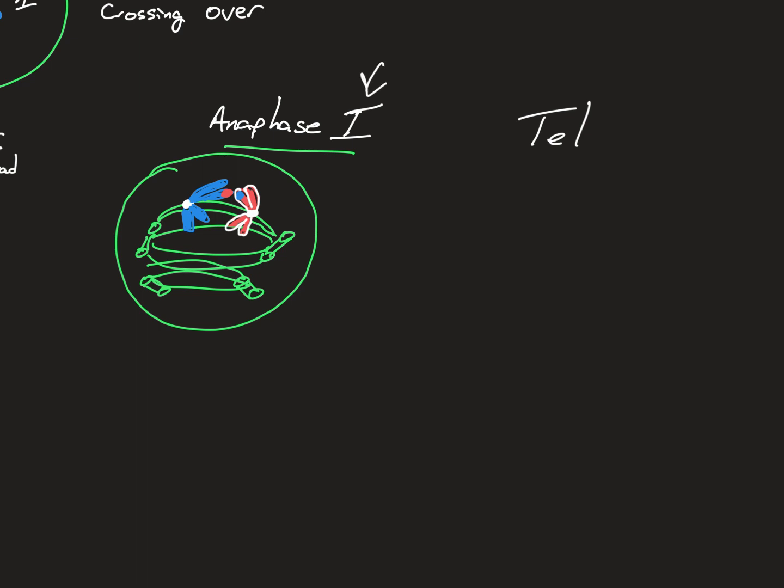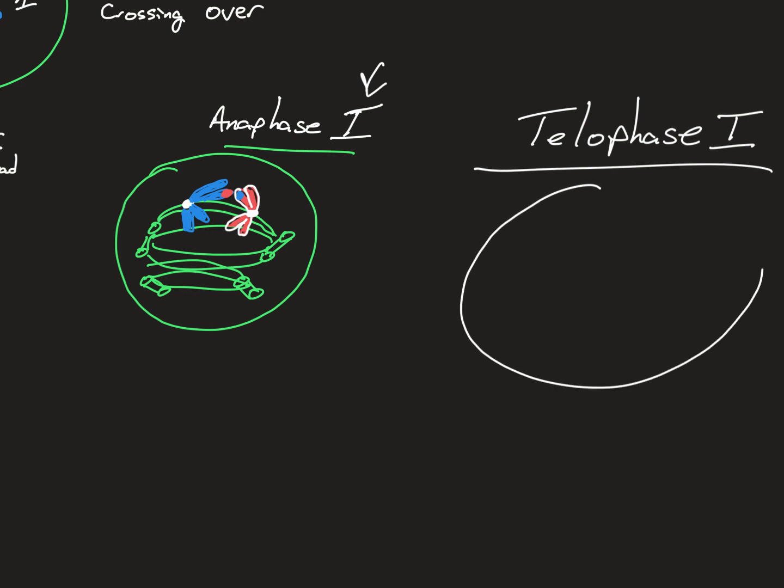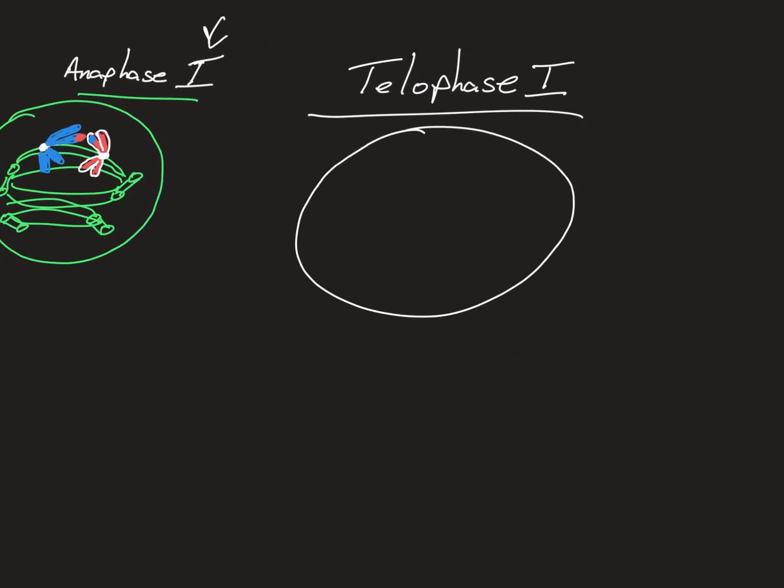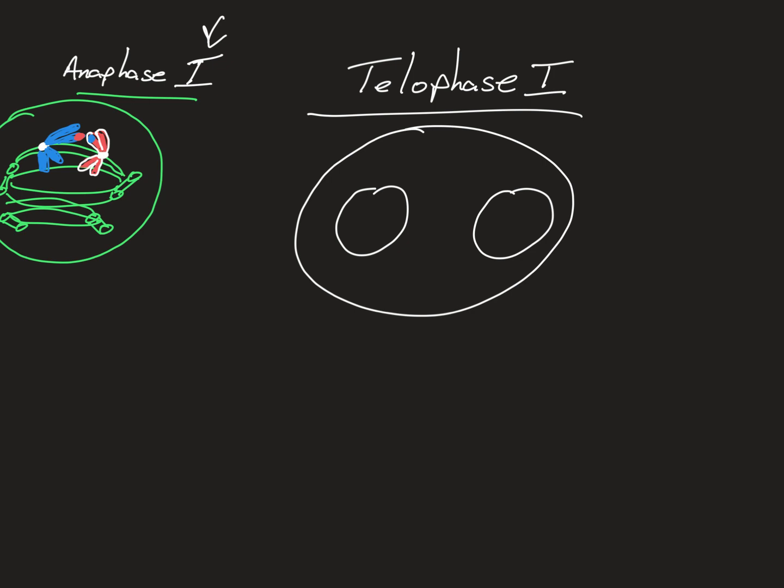And in anaphase, you see these are not single chromatids. They're still stuck together. They're still paired up, and they're moving. So you're still going to end up in telophase. In telophase 1, what you're going to end up with is a cell with, right before it divides, 2 nuclei.